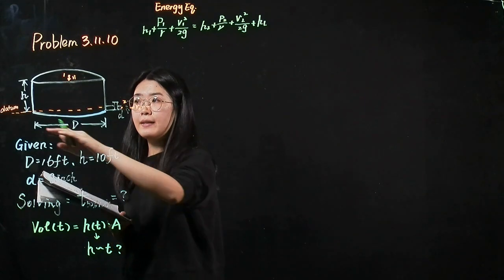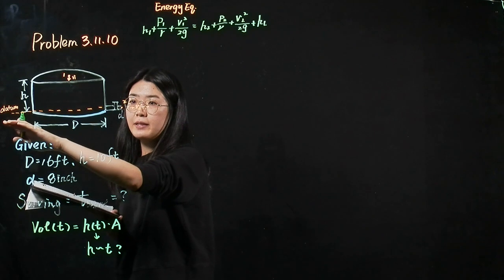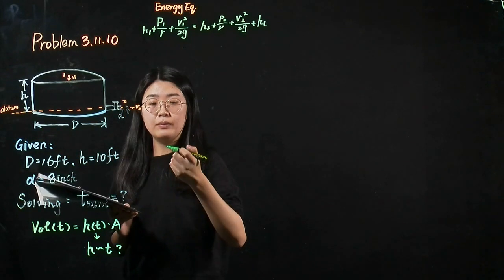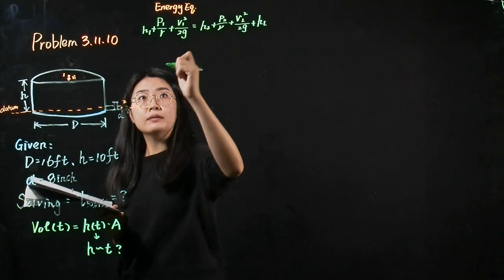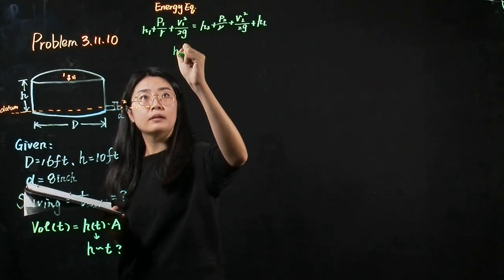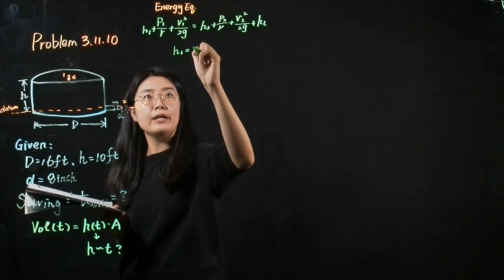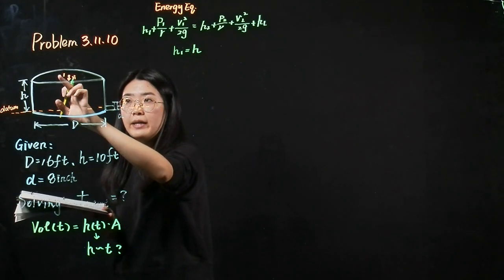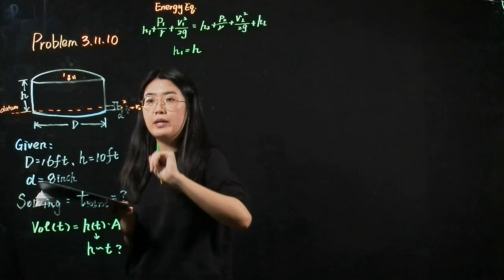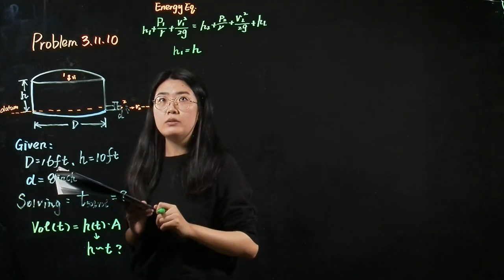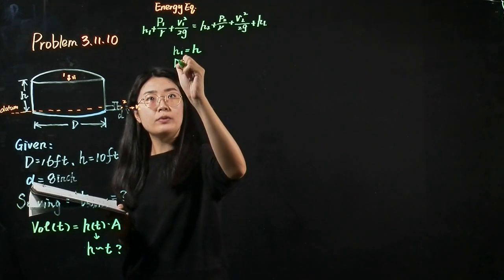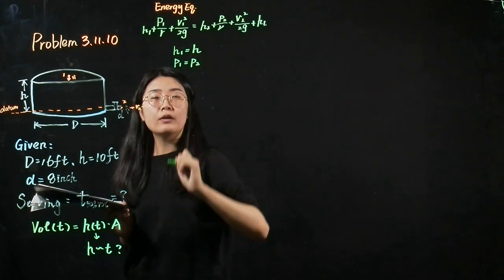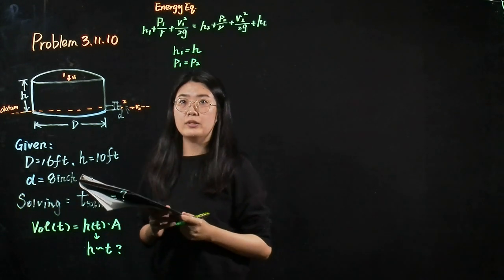Because the datum is at the bottom of the water tank, H1 is equal to H. Point 1 is at the water surface and point 2 is at the outlet, so P1 is equal to P2, equal to the atmospheric pressure.